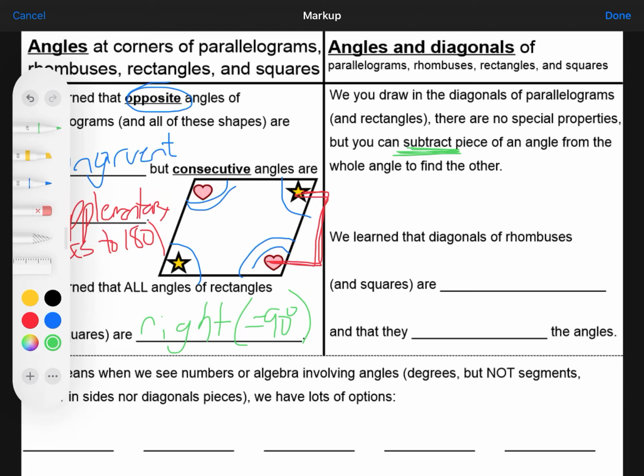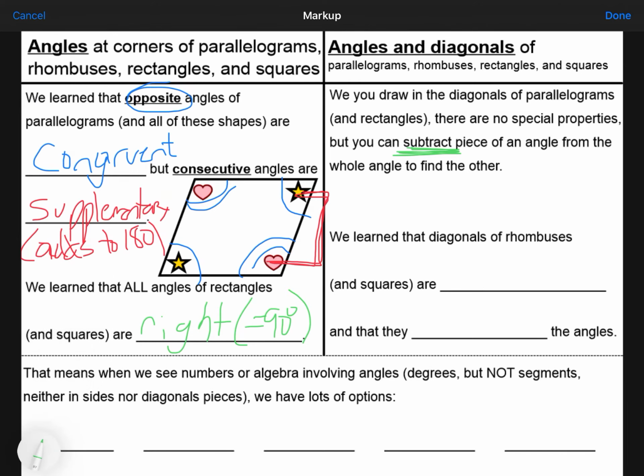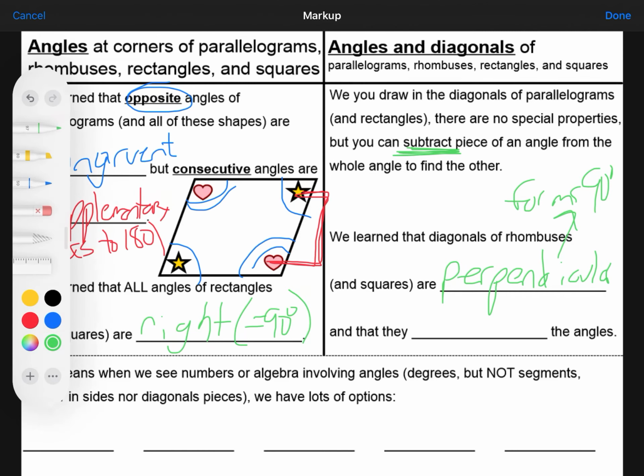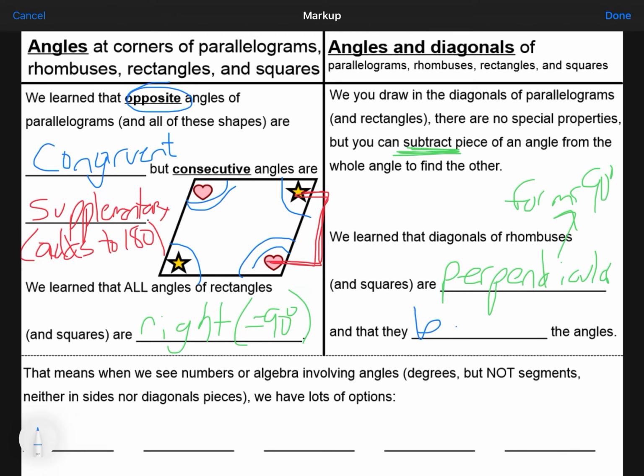So, in rhombuses and squares, the diagonals are perpendicular, which means forms 90-degree angles. So there is 90 degrees in rhombuses and squares also in the middle, but as well, they bisect the angles, which means you have equal parts.